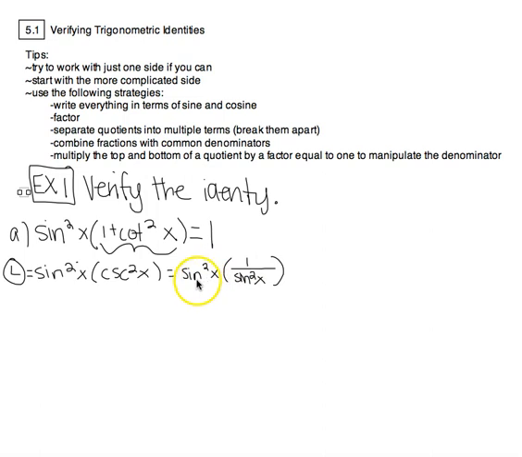So then I have sine squared times 1 over sine squared, which does equal 1, which equals the right side. So that now gives me something that's equivalent to the right side, which means that my proof is done. I have verified that this on the left side is indeed equal to this on the right side. So they're like little baby mini proofs.